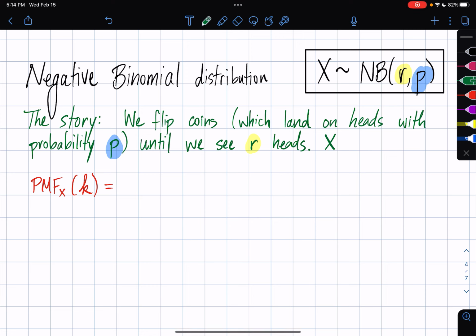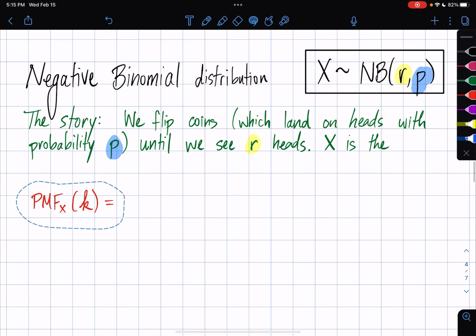And then we say that in our version, the version that we're using in the class, although different sources sort of define these things slightly differently, X is going to be the number of flips.